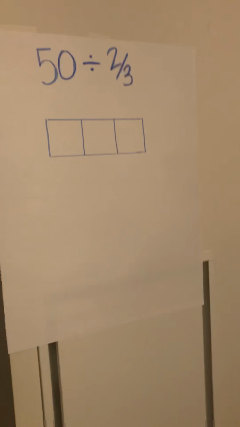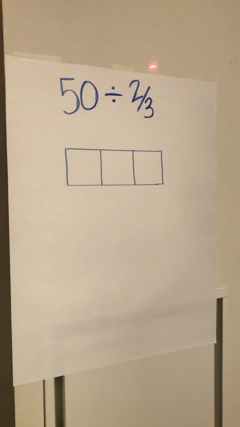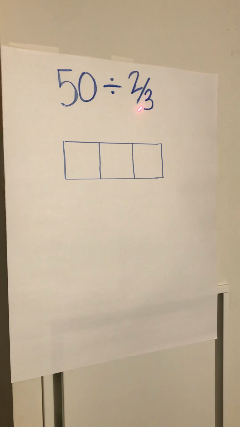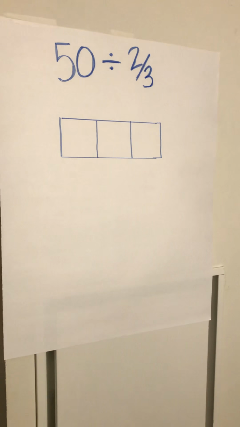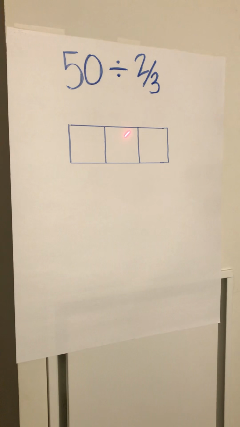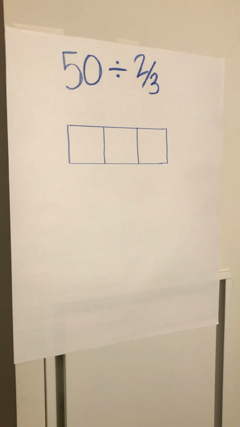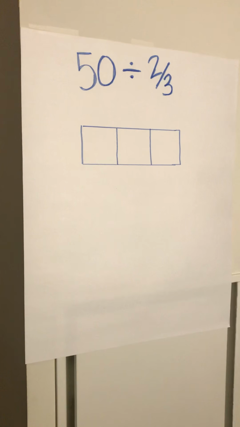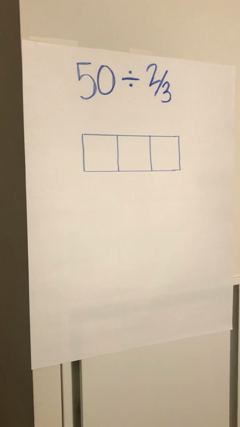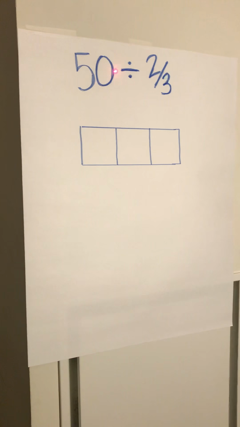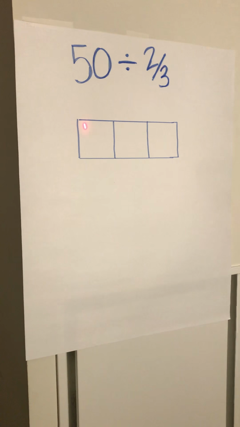So when we draw our model, we know that our divisor, actually the denominator in our divisor, because it's a fraction, is going to tell us how many units we need. So we have 1, 2, 3 units. Now we have to ask ourselves, what does this 50 represent? So this 50 is going to represent 2 out of the 3 units.